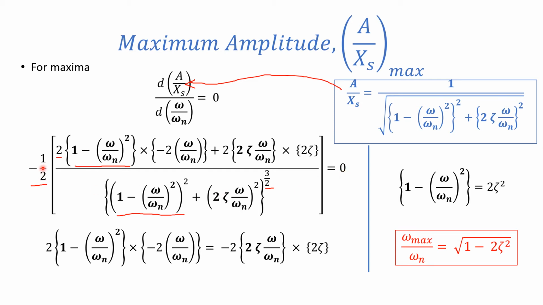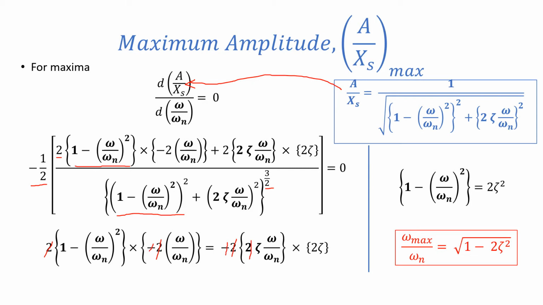So the factor minus 1 by 2 and the denominator, when it goes to the other side, multiplies with 0, it becomes 0. So we take this term to the other side, we get this solution. In this solution, we observe that this 2 and this 2 will cancel out. We can cancel out one more 2. Negative will cancel out with negative.